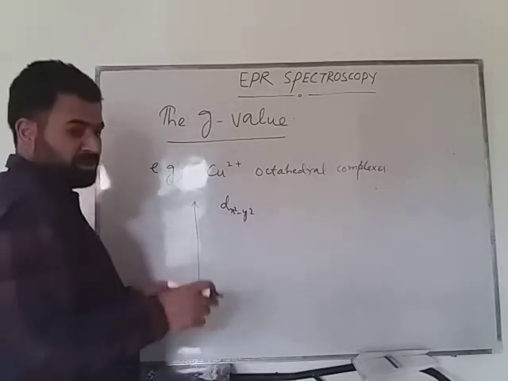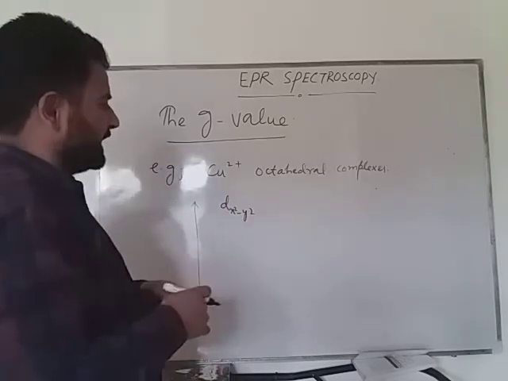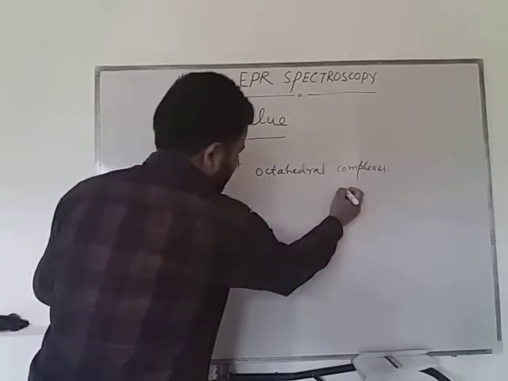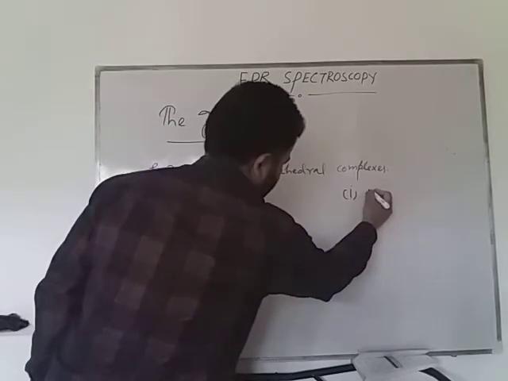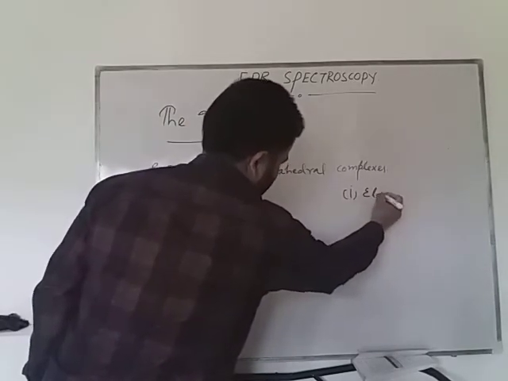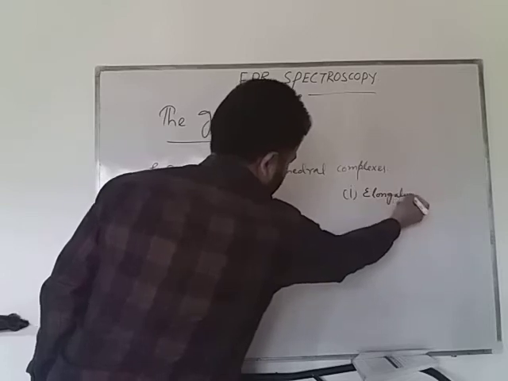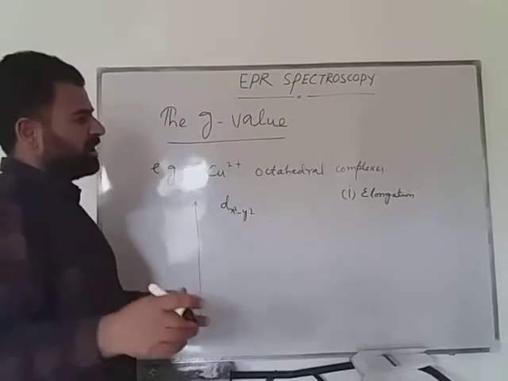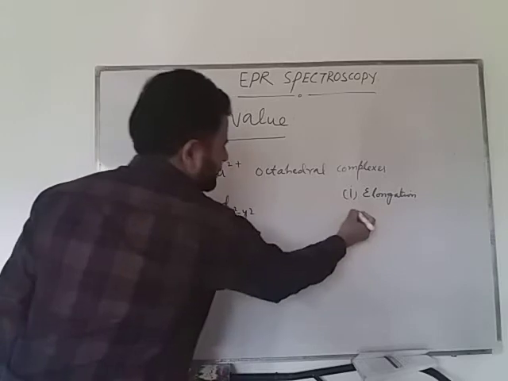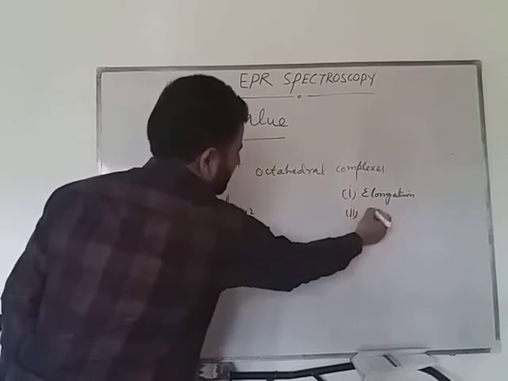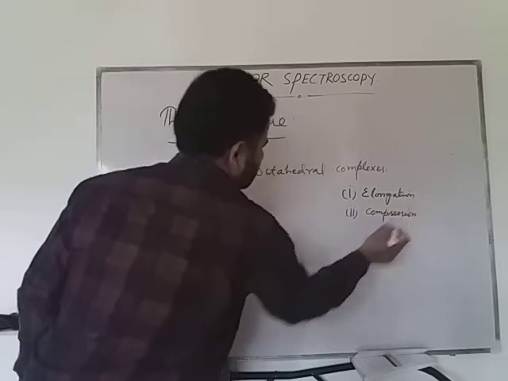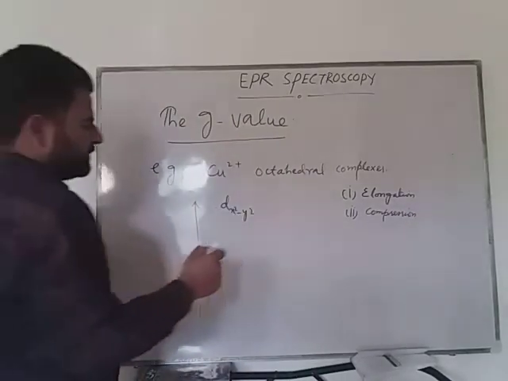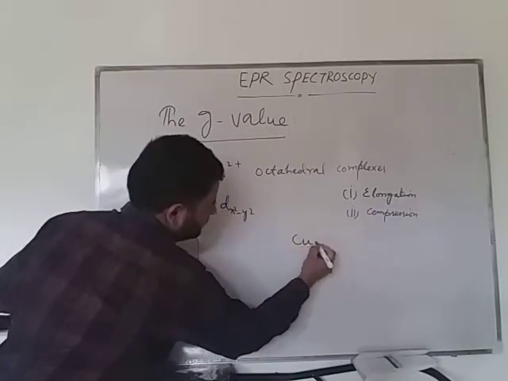There actually two cases will arise here. One case is that there will be elongation of the bond along the z axis, and second will be compression. How can we show that? We can show that like this.